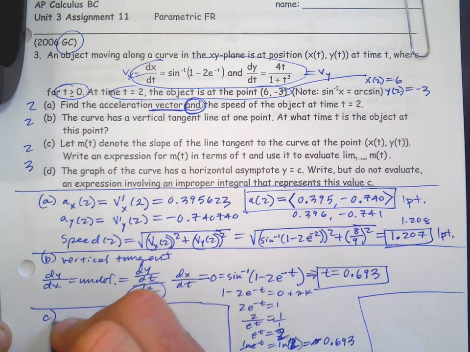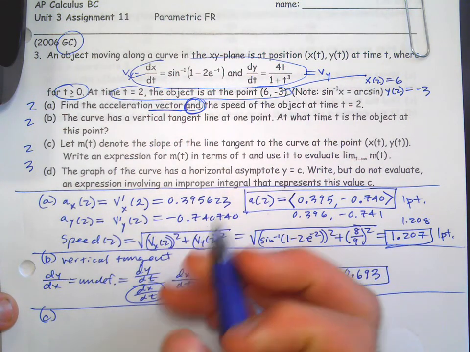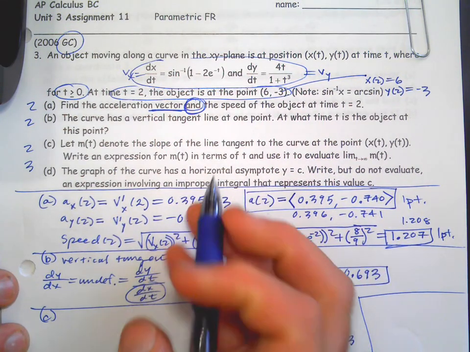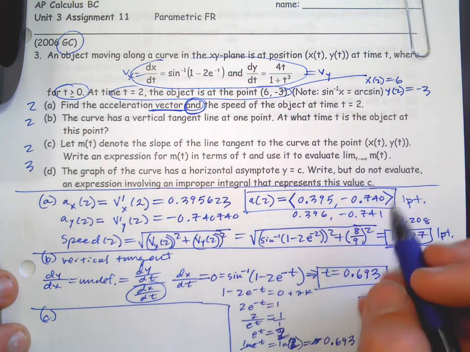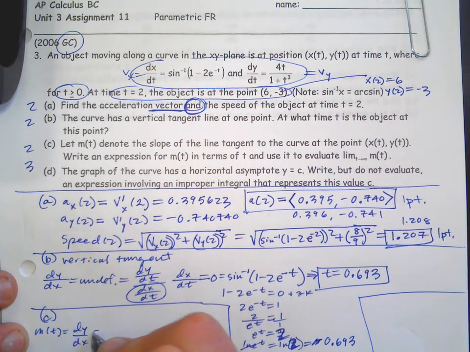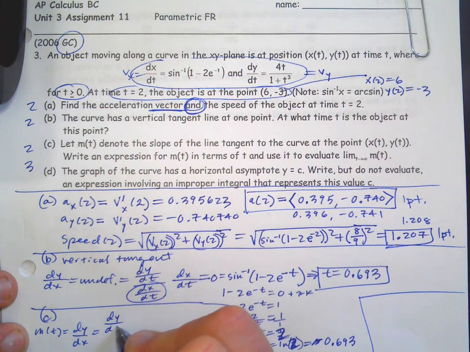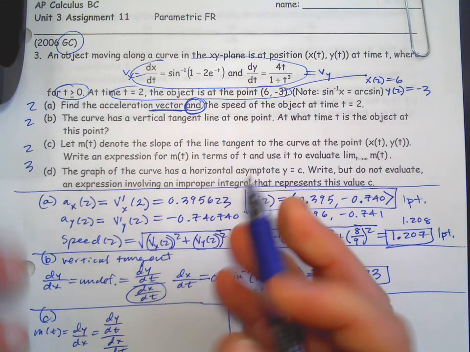Part C says, let M denote the slope of the line tangent to the curve. Write an expression for M in terms of t and use it to evaluate the limit. So we're talking about the slope, which is the same as dy/dx, which is dy/dt over dx/dt. And you have all this stuff.